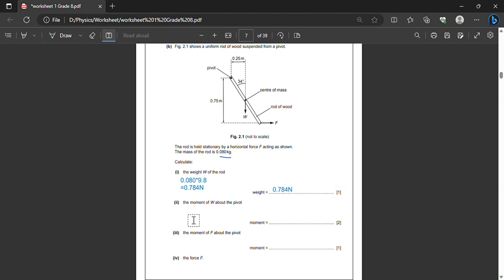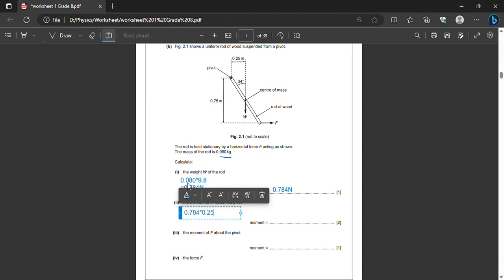Then it's asking the moment of W about the pivot. So W is the weight and the pivot is this that they already pointed here. So it's easy again, 0.784. Now you multiply with the distance from W, over here, to the pivot, which is 0.25 meters.